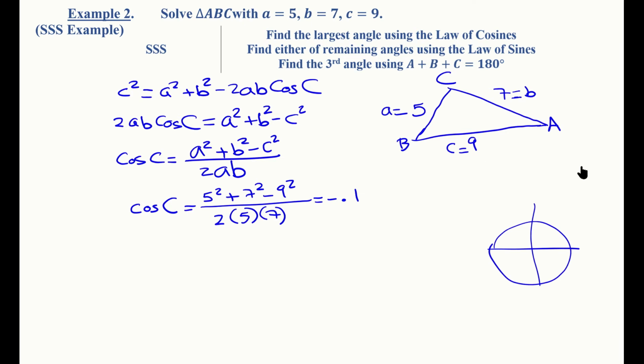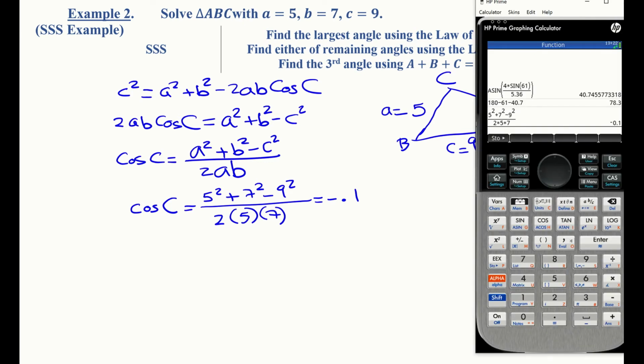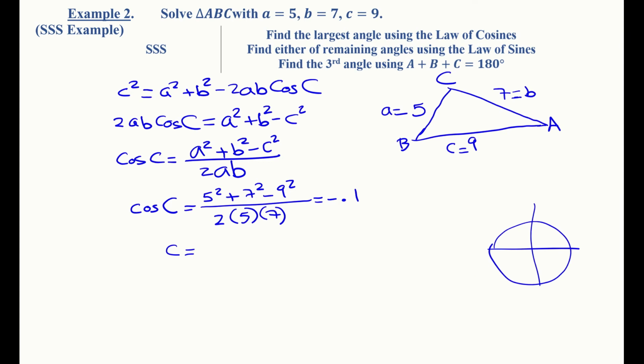If that turned out to be irrational, I wouldn't have typed in any kind of a rounded value. I would have just typed this entire fraction in for inverse cosine. But since that did come out nicely as a rational number, we can just go ahead and say C equals inverse cosine of negative 0.1.